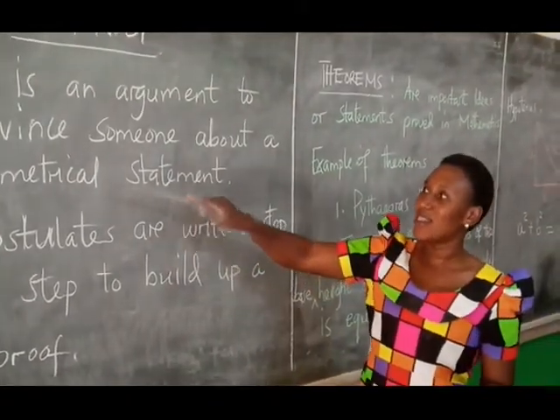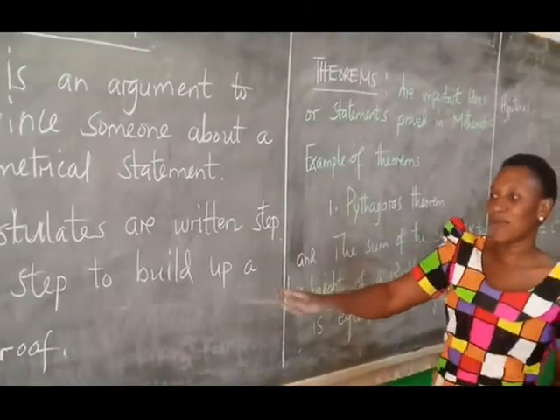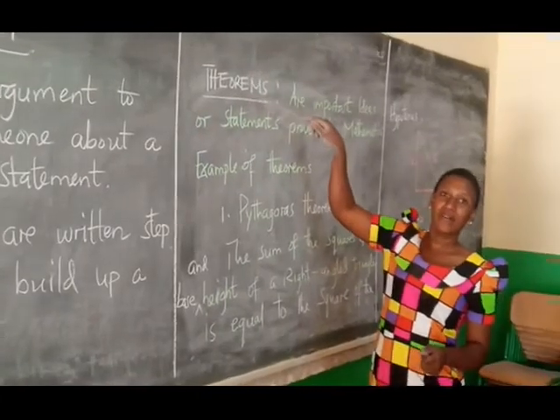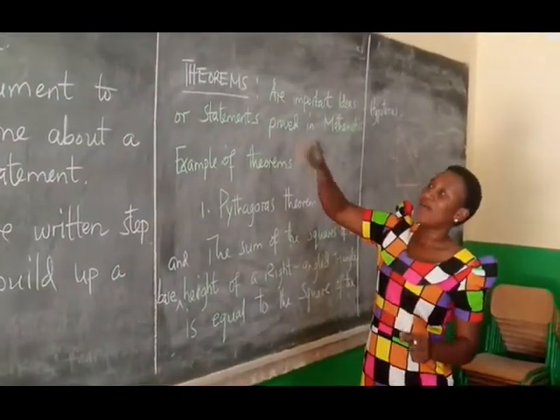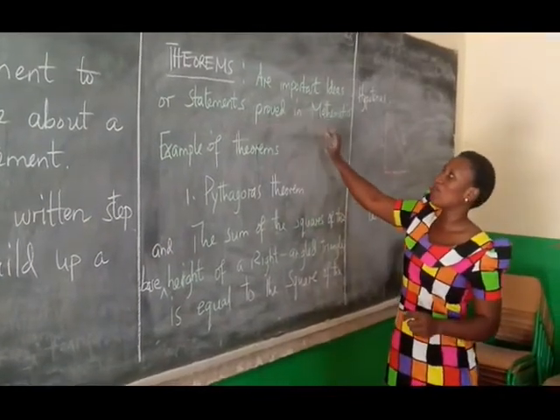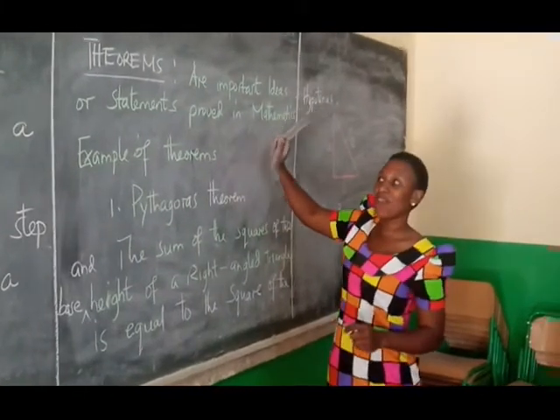In a proof, we use postulates written step by step to build up the proof. Another terminology is theorems. Theorems are important ideas or statements to be proved in mathematics.